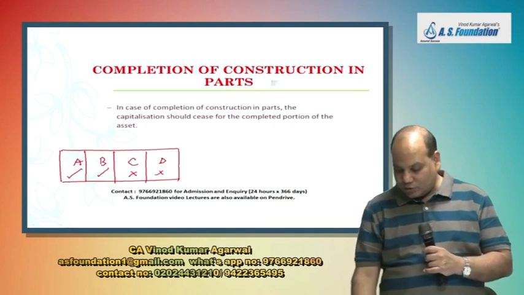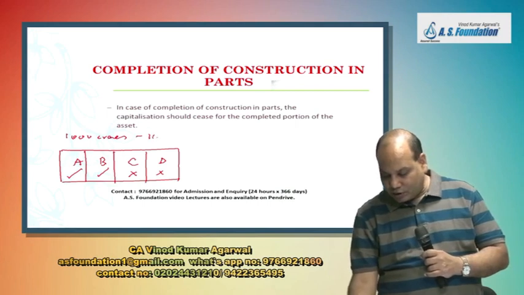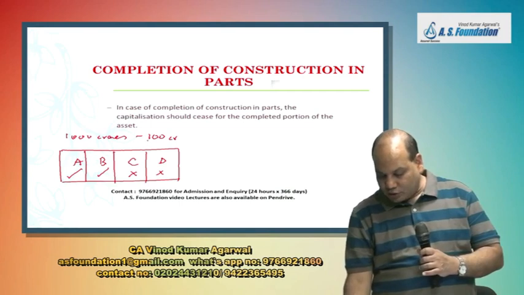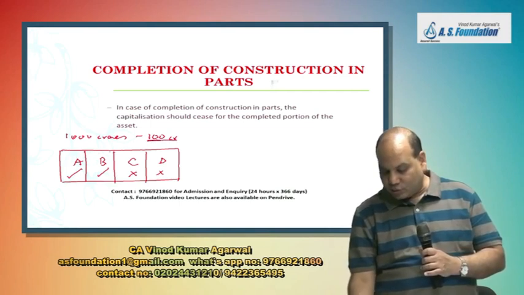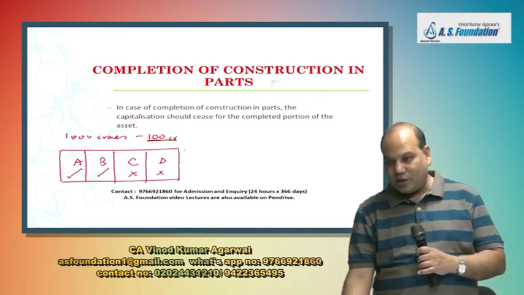What about the borrowing cost? The company has taken a loan of 1000 crore rupees and has incurred 100 crore rupees as borrowing cost. First they will apportion this 100 crore over A, B, C, D in the ratio of expenditure.